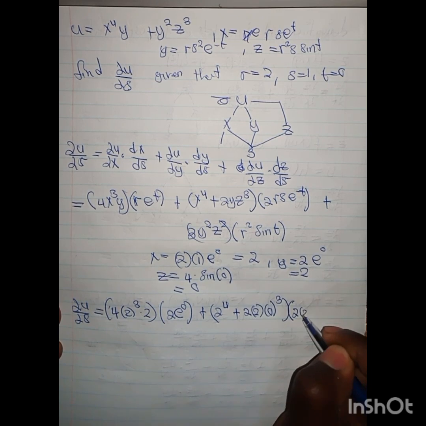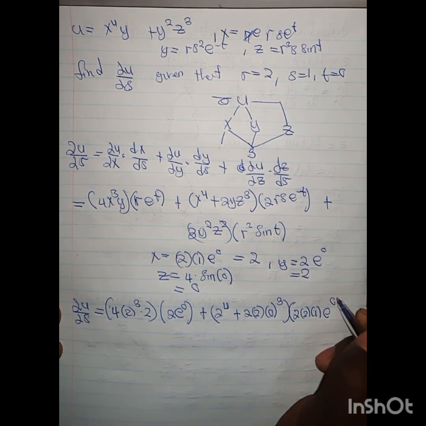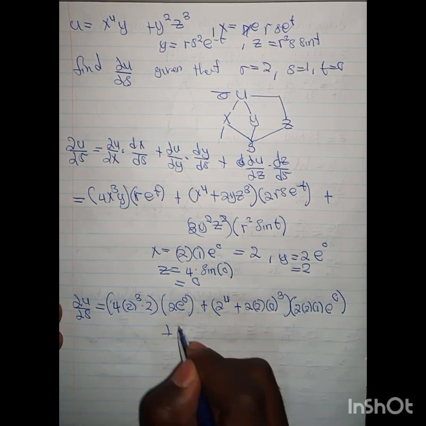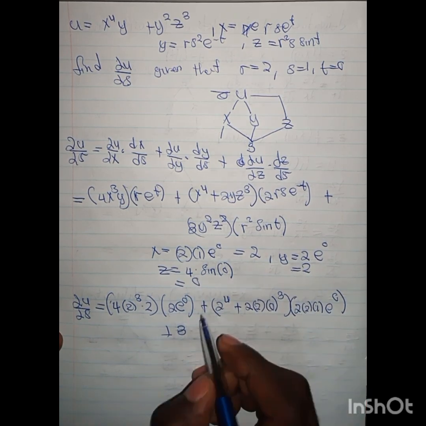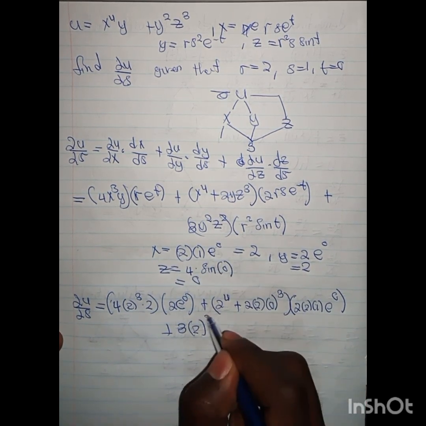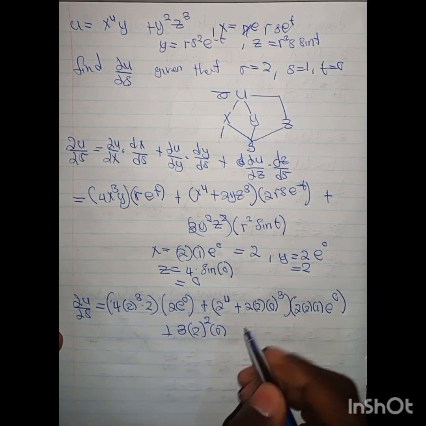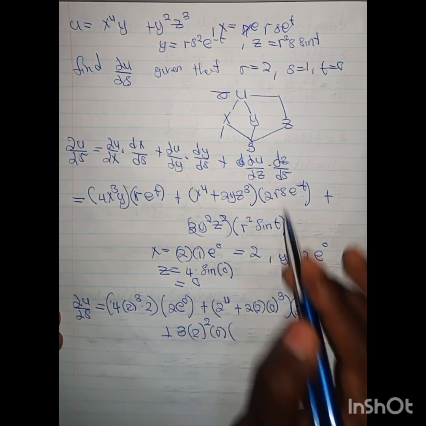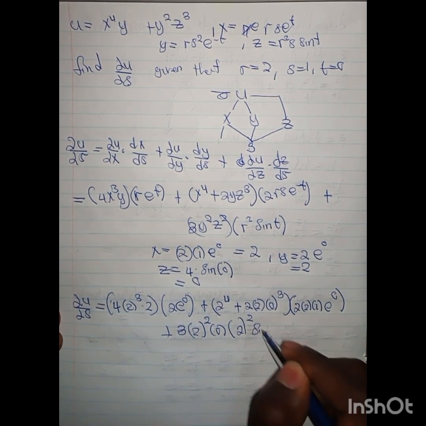We have said that r is a 2, s is a 1, e to the power t, t is a 0, and then lastly we add this part. We will have 3y. The value of y, we've said that is a 2 squared, then z is a 0, and then we multiply by r squared. r is a 2, squared, and then the sine of a 0.